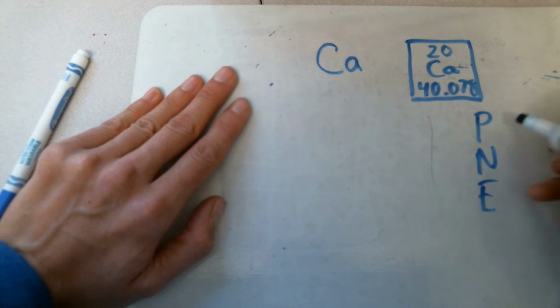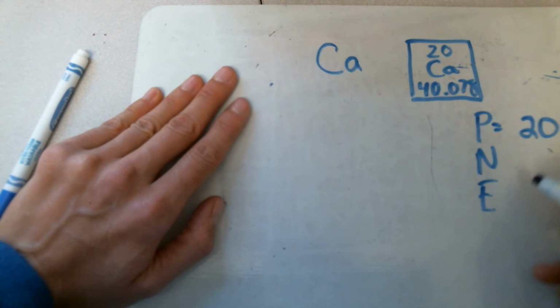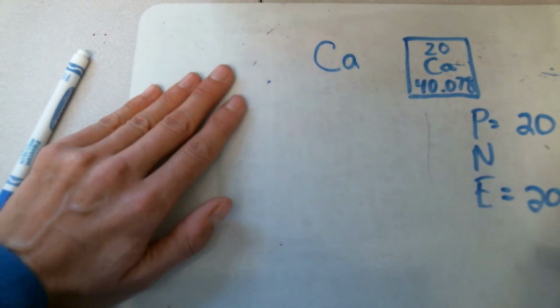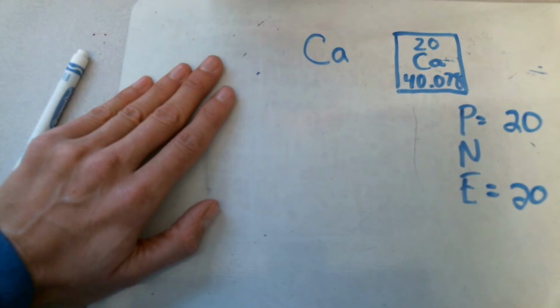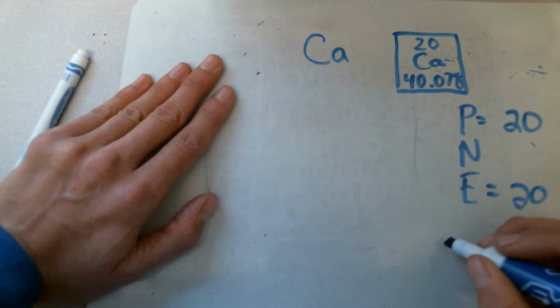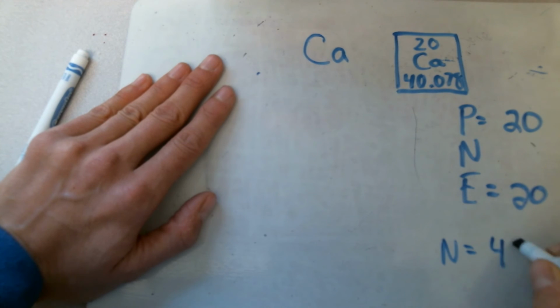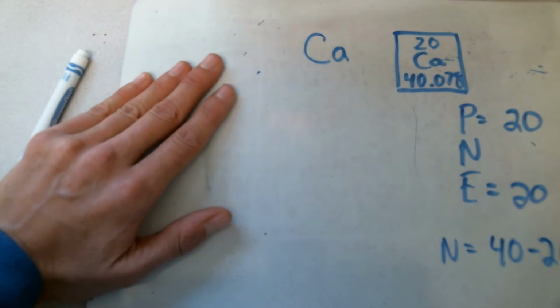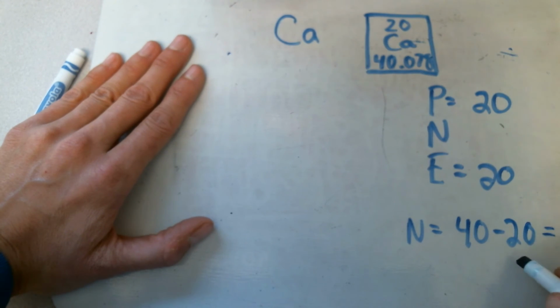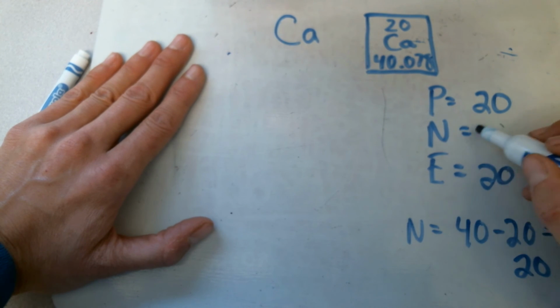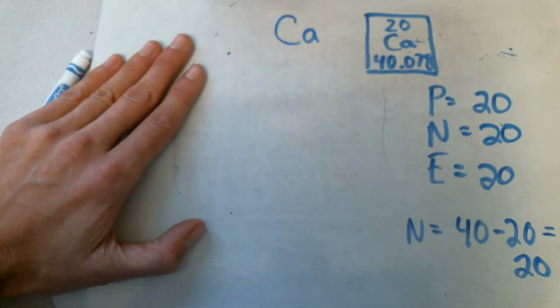So here my atomic number gives me the number of protons and also the number of electrons. The number of neutrons I get by saying 40 minus 20. And 40 minus 20 gives me 20. So I also have 20 neutrons in this atom.